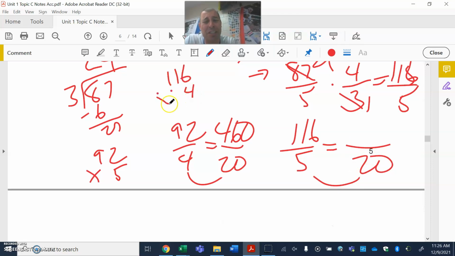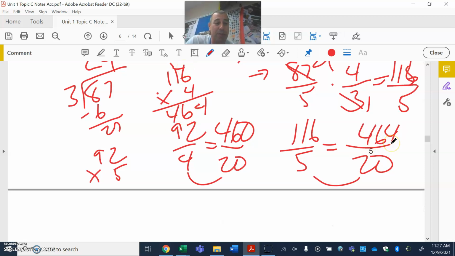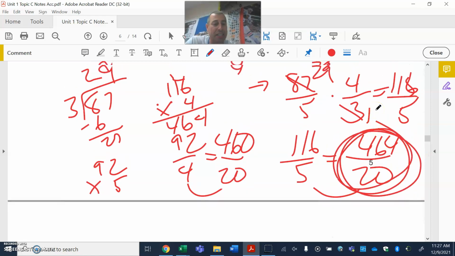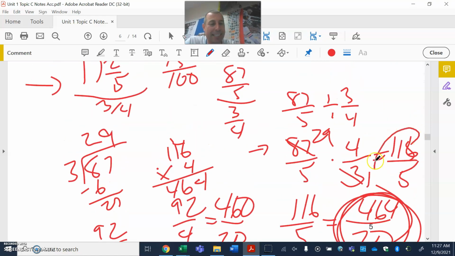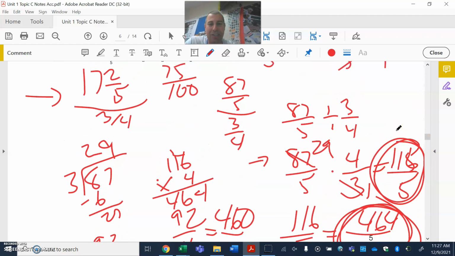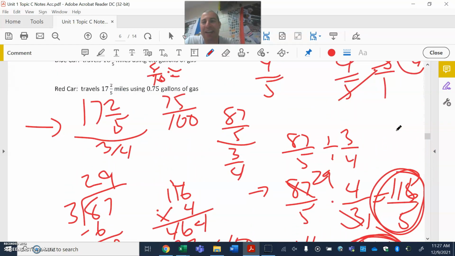Like I said, it's good to get back into some of the basics here. Down the 4, carry the 2, 6, 4. So that's 464. That was close, people. But this is the larger one. The 116 fifths is the larger one, which matched up with this particular car. Do I want the larger one?